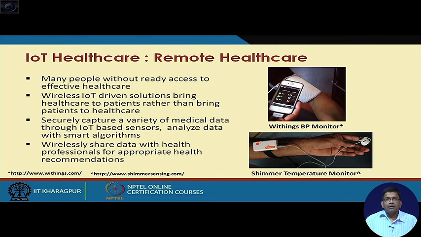With the help of these sensors, the doctors and the paramedics, the healthcare professionals in general, can monitor the condition of different patients on a large scale, even remotely. So that is remote healthcare.